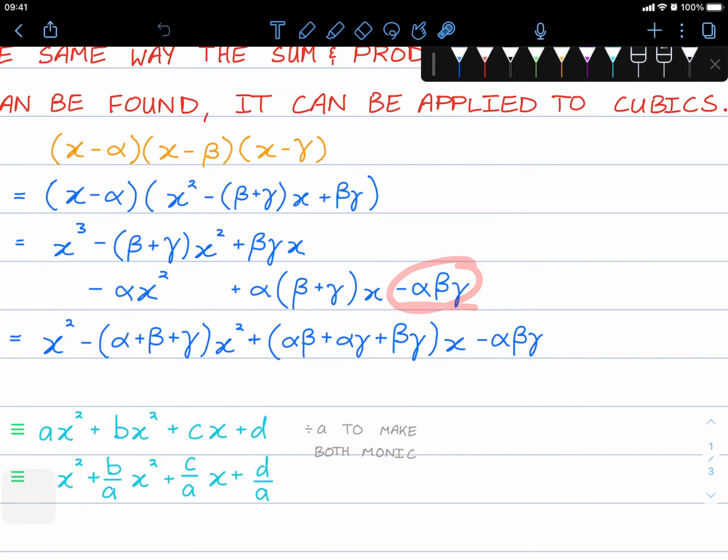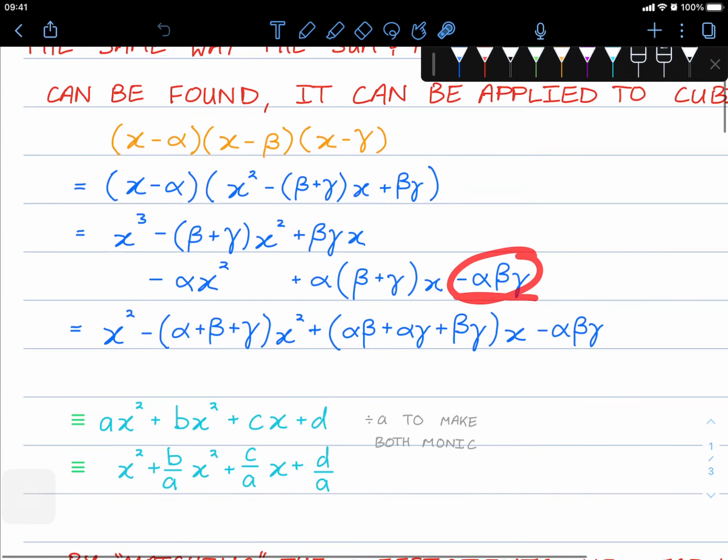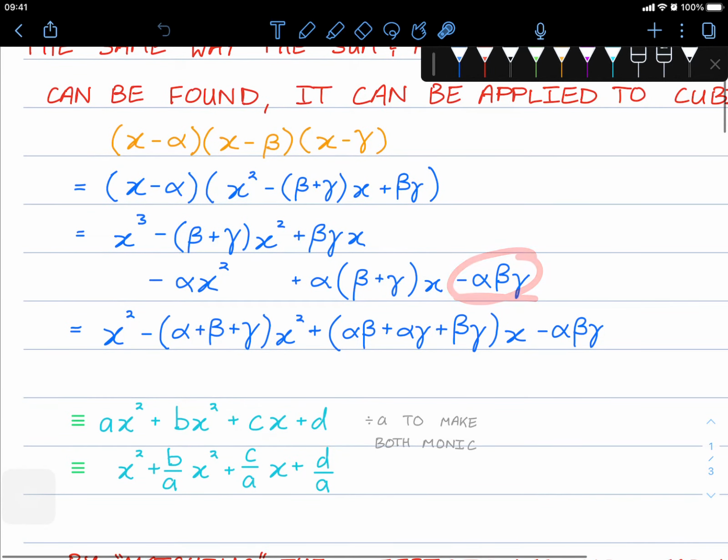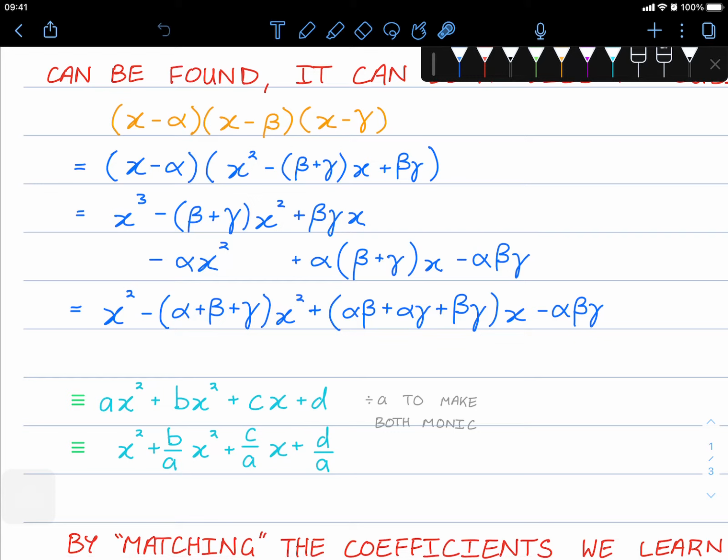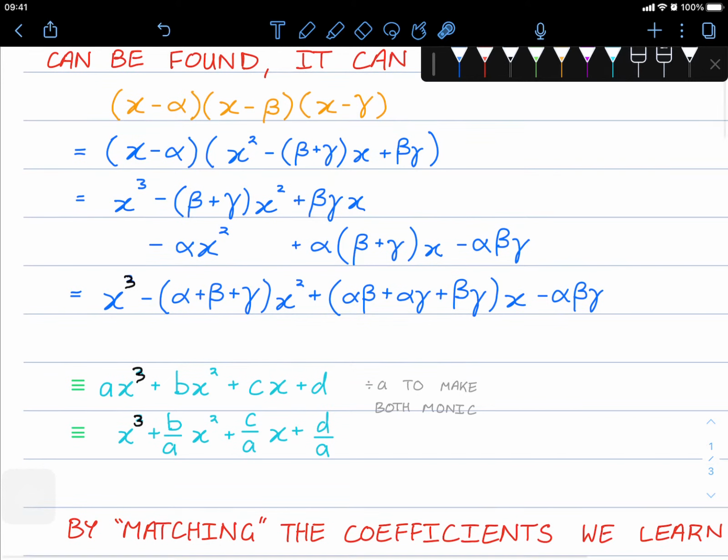This is just multiplication. And just like this being congruent to the general form of a cubic, oh, I just realized this needs to be cubed, and this needs to be cubed as well. My apologies. These coefficients match each of the terms. So we make this monic by dividing by a, and this gives us a being 1.